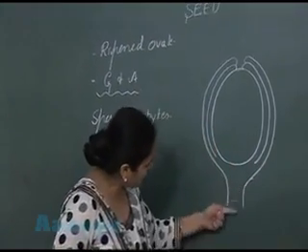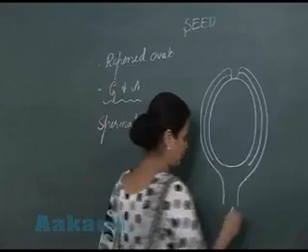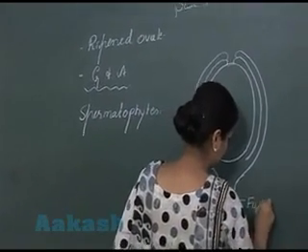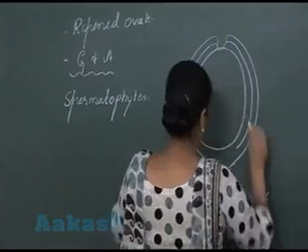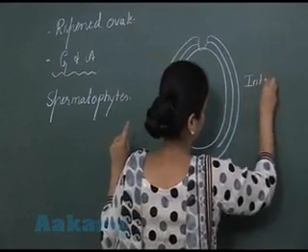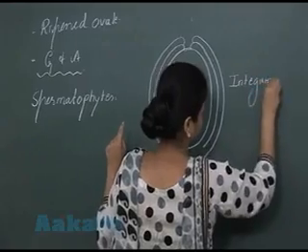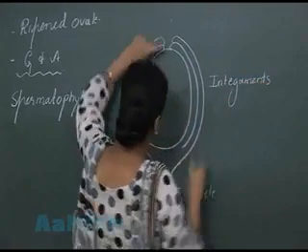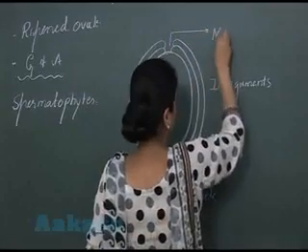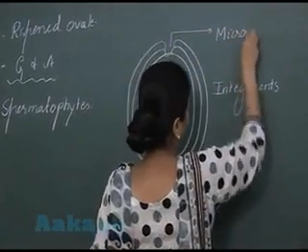In the ovule, this part that I made, that is the stalk of the ovule. The stalk of the ovule is known as funicle. These are integuments. And this part where the integument is absent, this pore, it is known as micropyle.